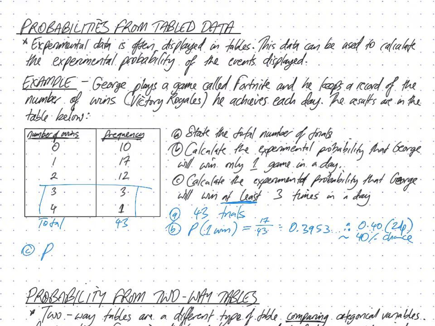So the probability of at least 3 wins is going to be, there were 3 days with 3 wins and there was 1 day with 4 wins, so it's going to be 3 plus 1, 4 on 43. 4 divided by 43 is going to be 0.093 and so on, therefore 0.09 to 2 decimal points, therefore it's about a 9% chance of getting at least 3 wins in a day.